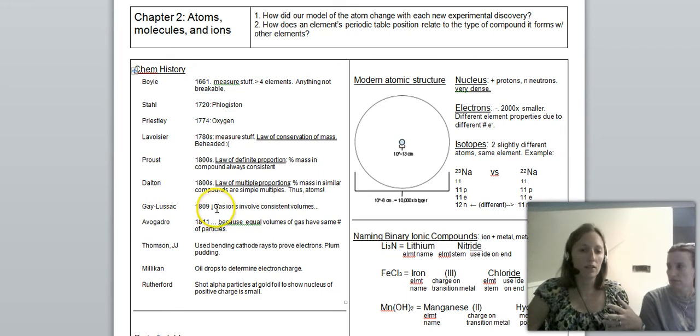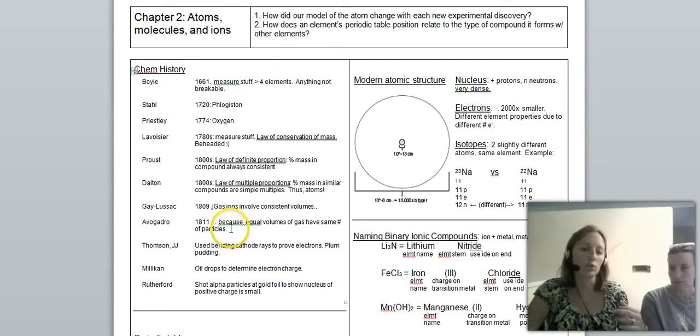And he didn't really know what to do with this, but then Avogadro realized that the reason that was happening is because equal volumes of gases have got the same number of particles, hence Avogadro's number. So this got us to our atomic theory, and a good understanding of number of particles, number of atoms.